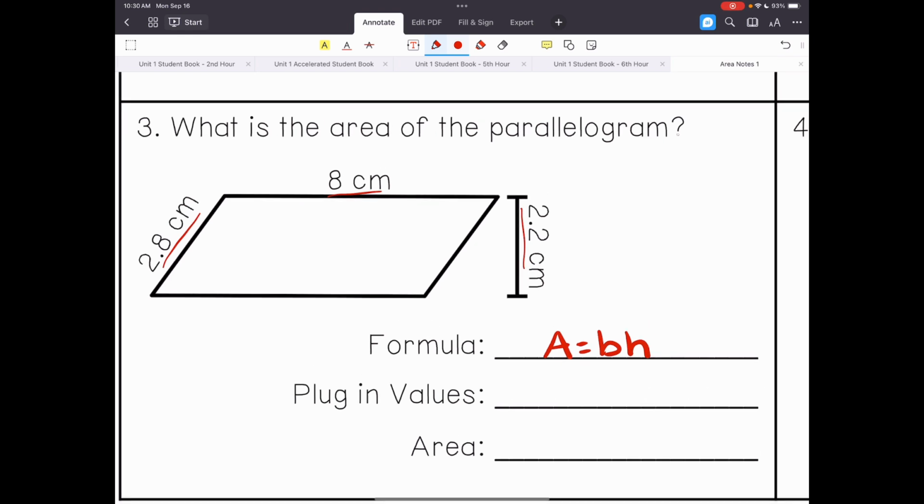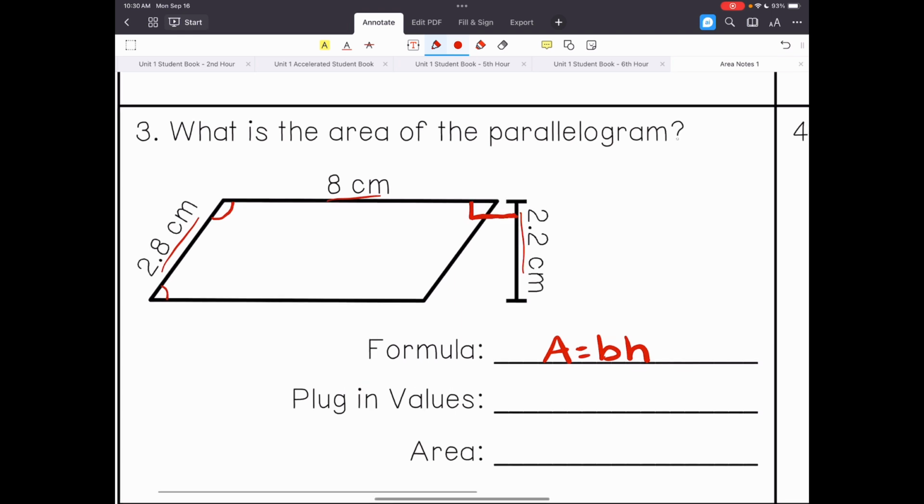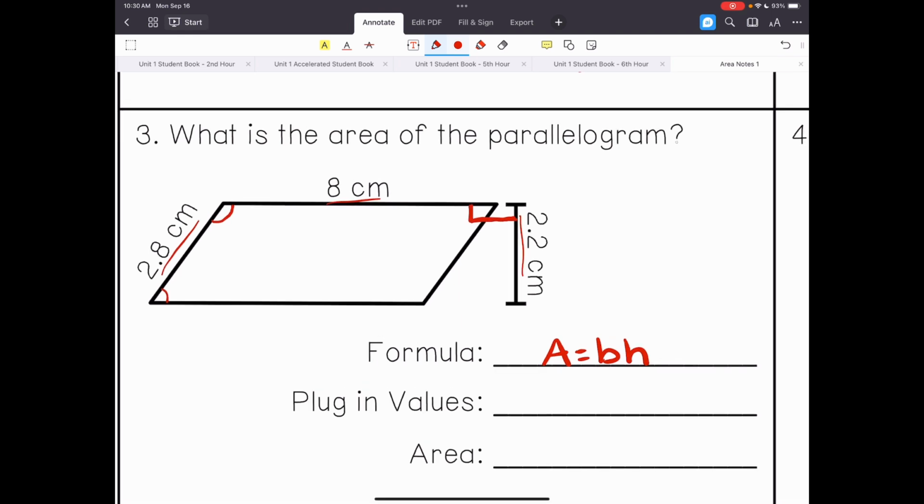If you look here, this down here is not a square, so we're not meeting at a 90-degree angle. This 2.2 looks a little weird, but if I go straight down and straight out, that's that 90-degree angle we're talking about. So inside the parallelogram, the height is here, and it is 2.2.